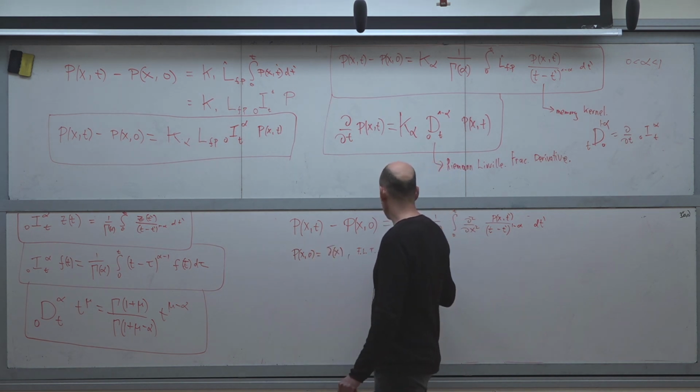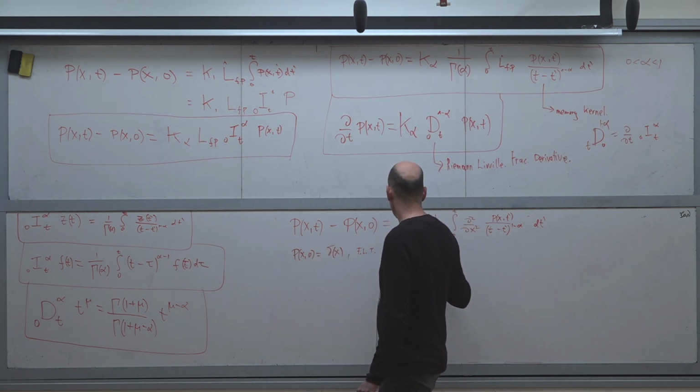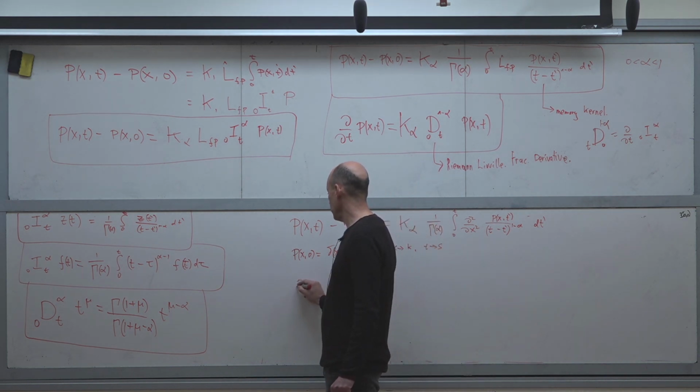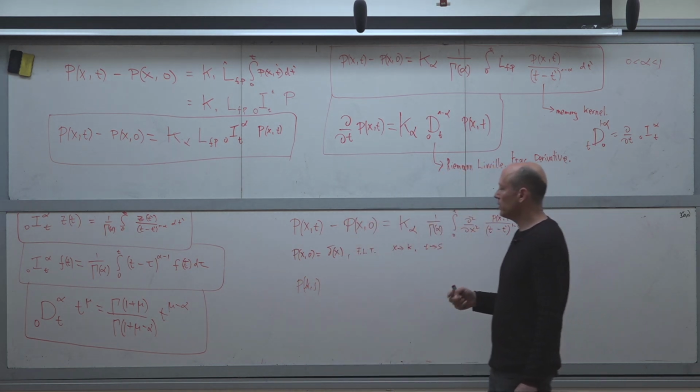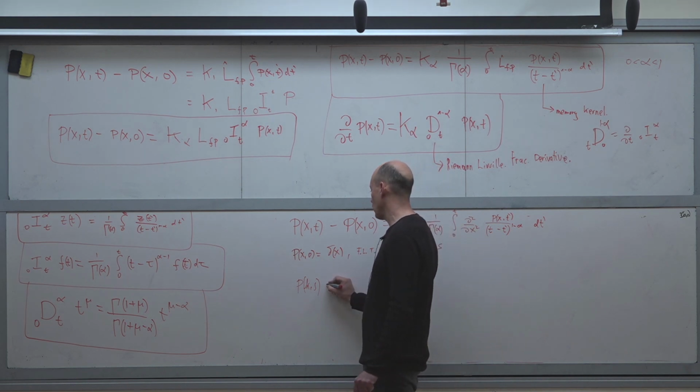So x goes to k, t goes to s. So here I have P(k, s). The Fourier transform of a delta function is 1, and then the Laplace transform of 1 is 1 over s.